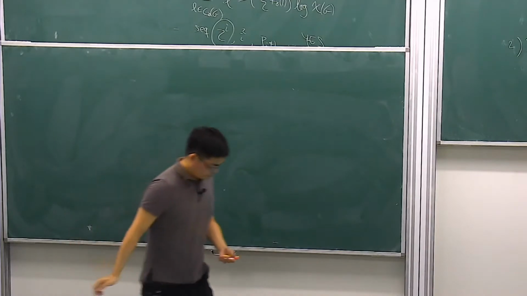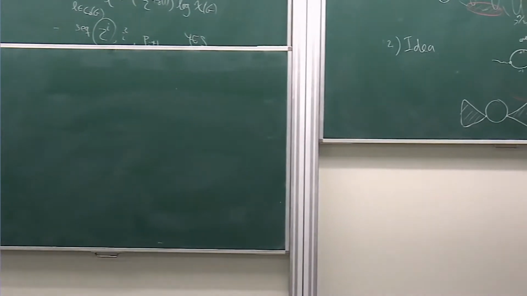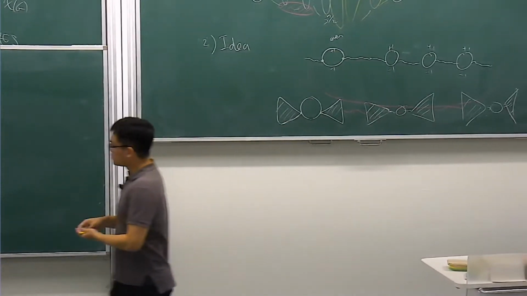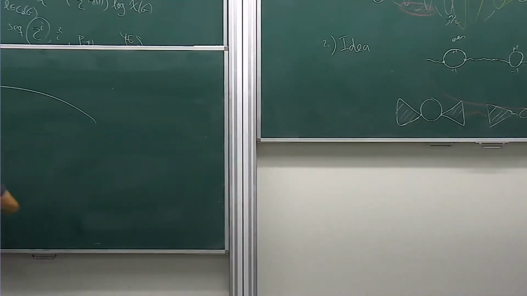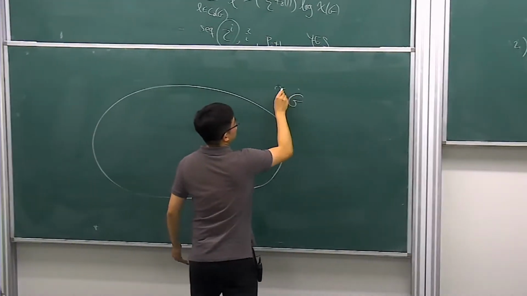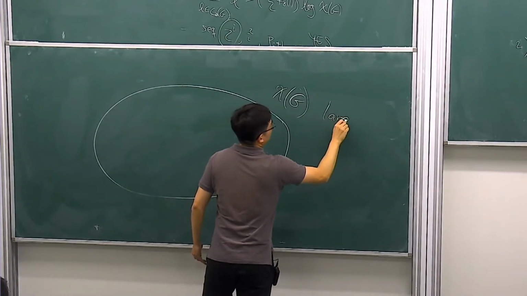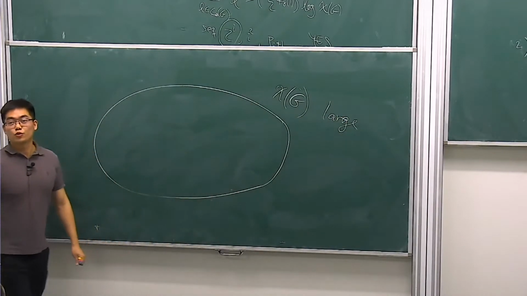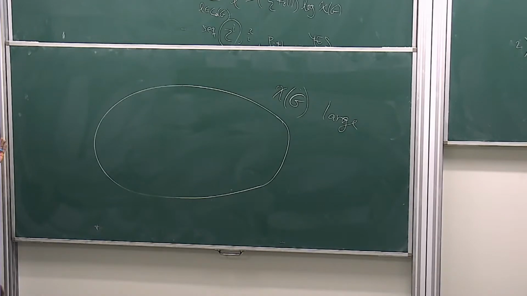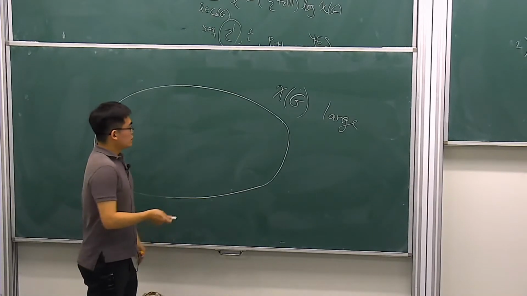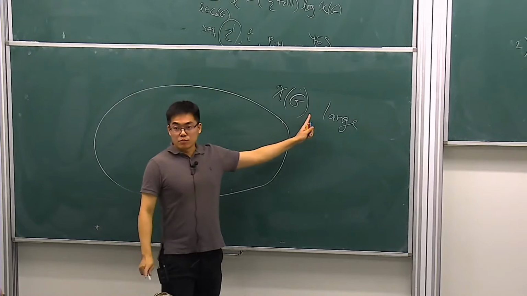So here's the idea. This is my graph G with very large chromatic number. What do I want to do now? I want to be able to find lots of odd cycles, of distinct odd lengths, so that their harmonic sum diverges, right? So the idea is the following. Large chromatic number implies what?